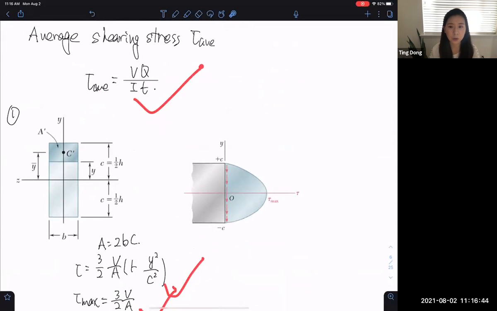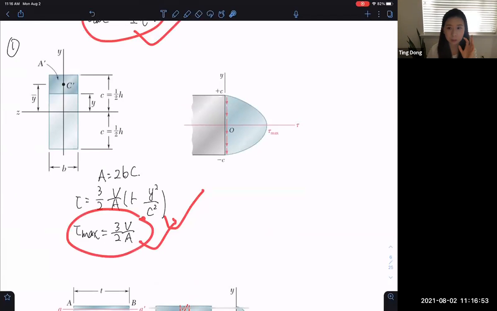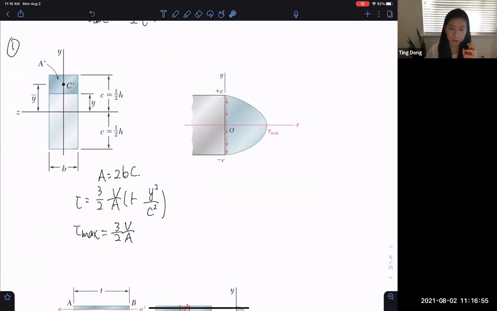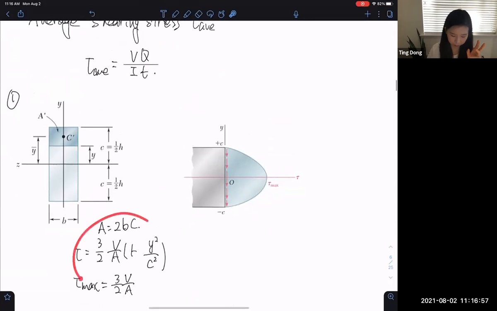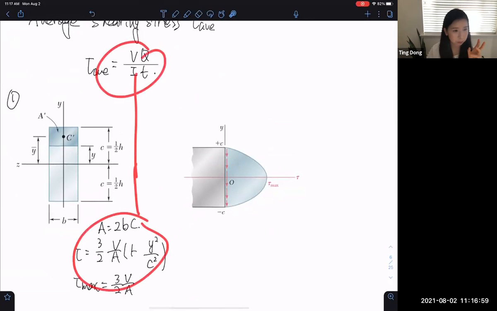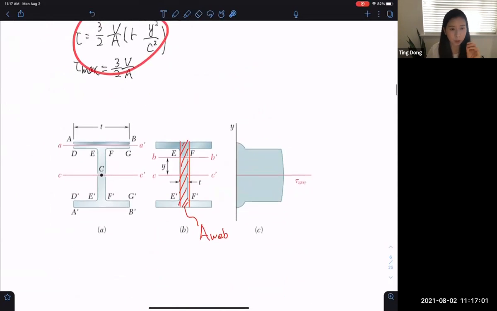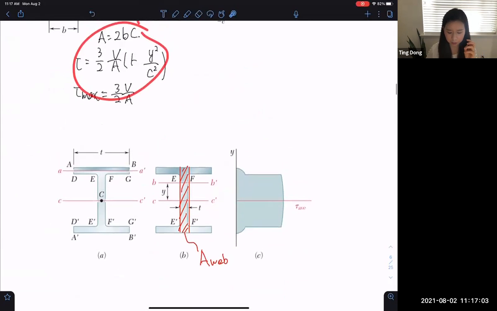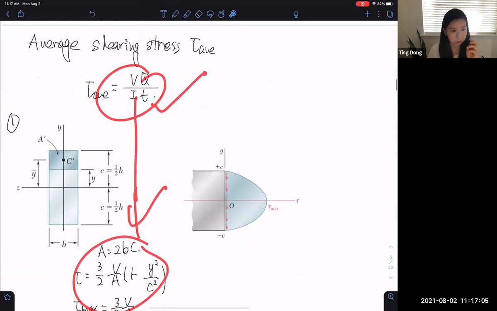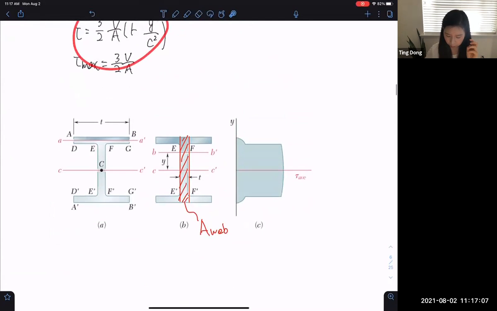I think I showed in one homework solution that I used this equation and I also used the other one. In the end, the answer is the same because this one is derived from this equation.